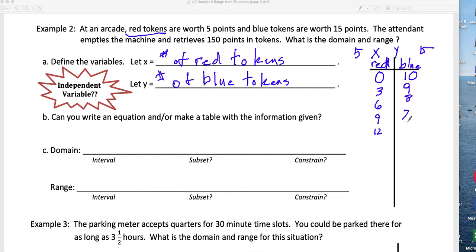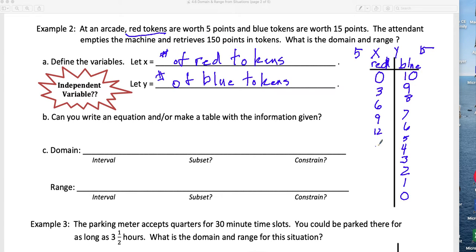So we've got 7 and 6, and I'm going to go till I have 0 blue tokens. 5, 4, 3, 2, 1, and 0. So I started with 0 red and 10 blue. I'm going to end with 0 here.